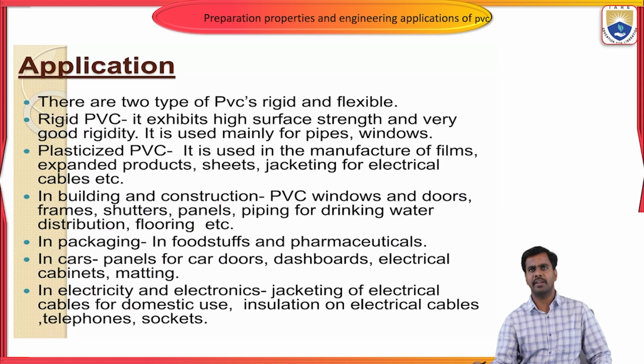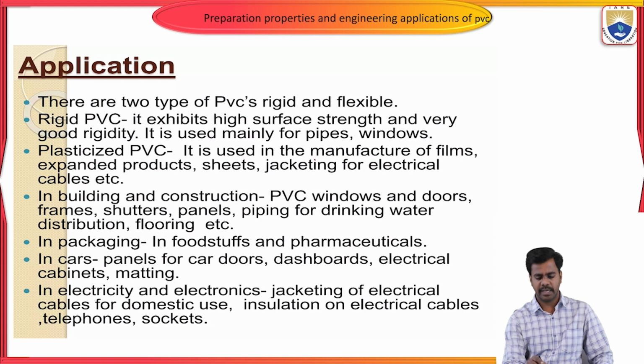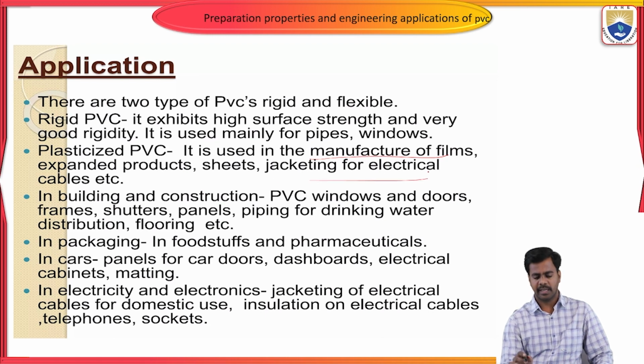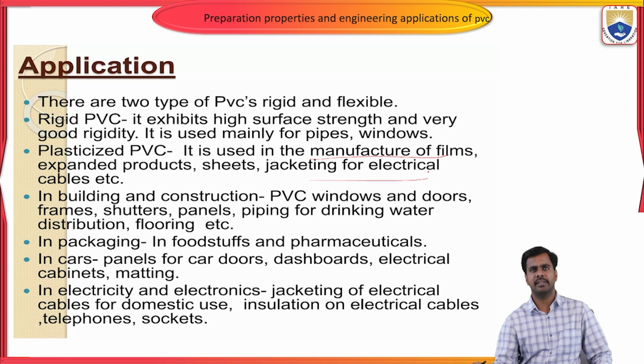It is used mainly for pipes, windows. Next one is plasticized PVC. It is used in manufacturing of films, expanded products, sheets, jacketing for electrical cables, etc.